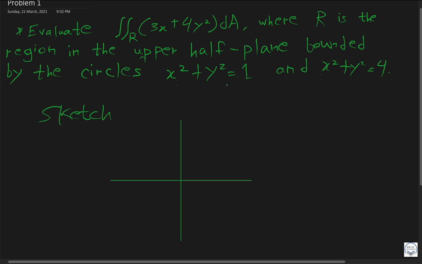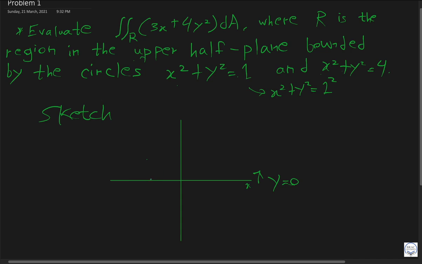So let's look at the two circles in the half plane, which really means above y equals 0, or above the x-axis. x squared plus y squared equals 1 means it has a radius of 1 unit, because x squared plus y squared equals 1 squared.